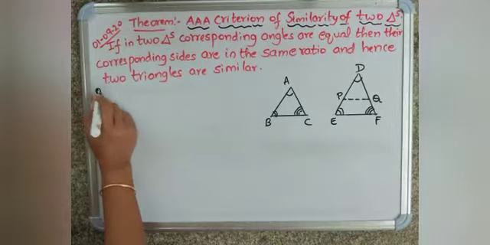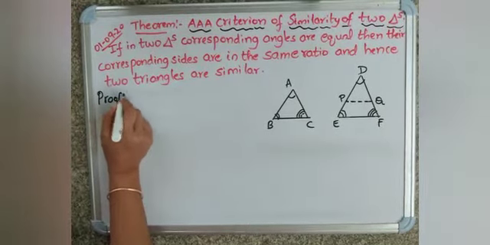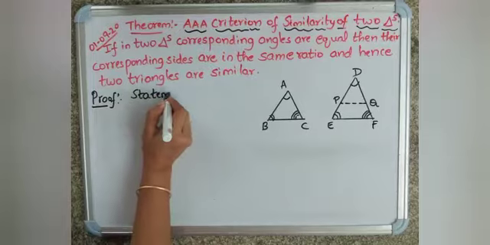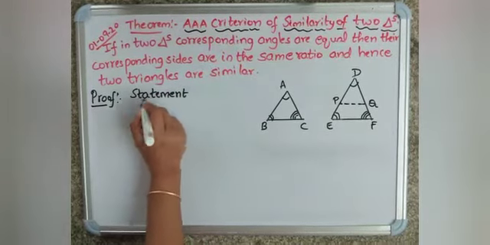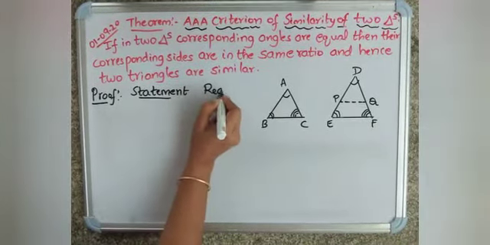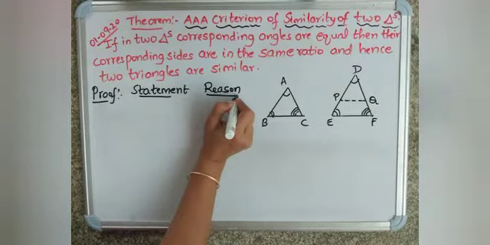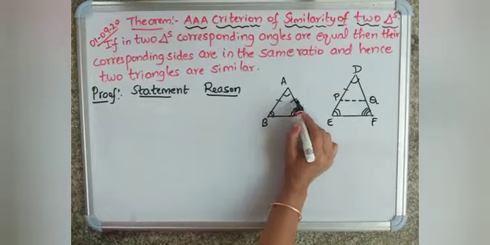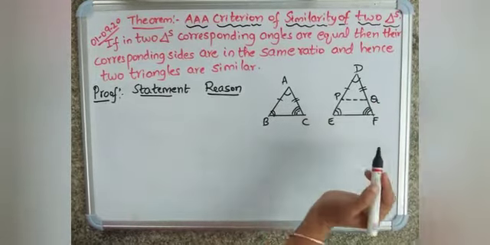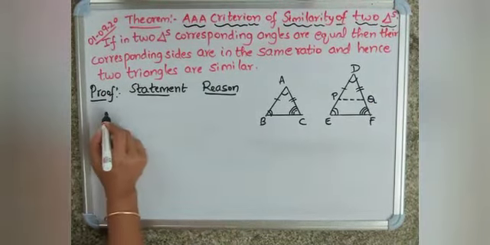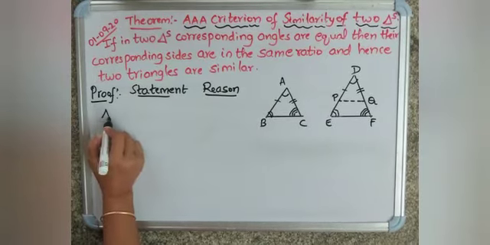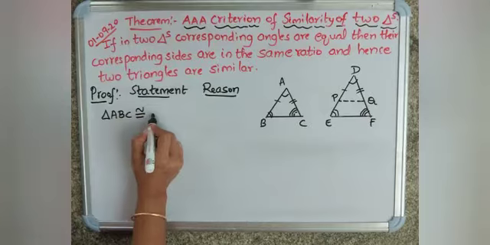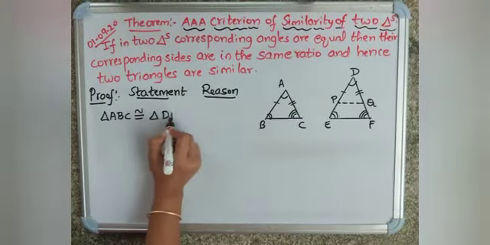Next step is proof. So always we write proof as statement and reason. Now we have constructed here DP and AB, AC and DQ are equal. So I am going to write now triangle ABC congruent to triangle DPQ.